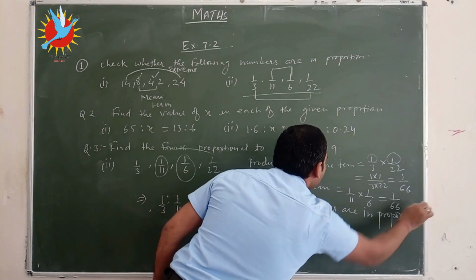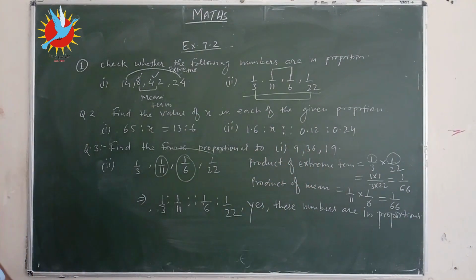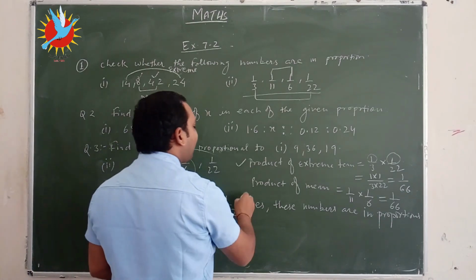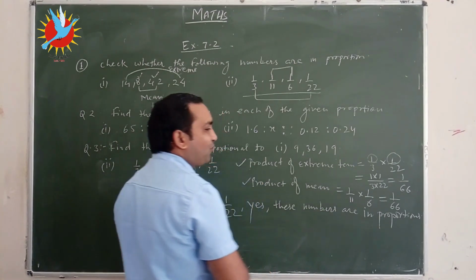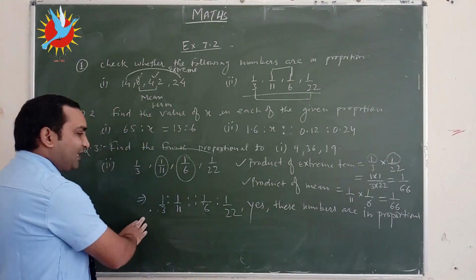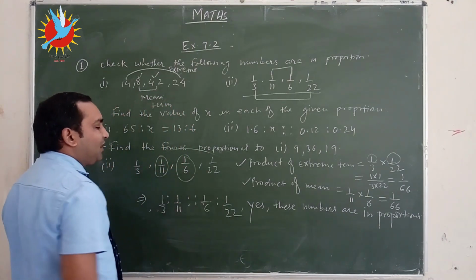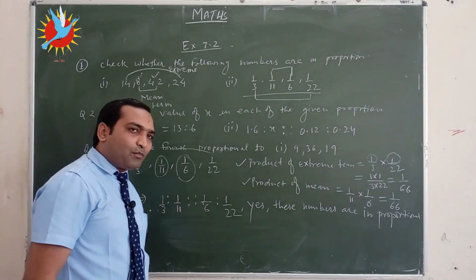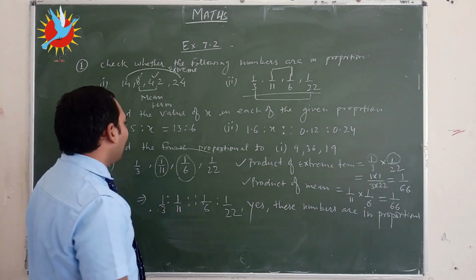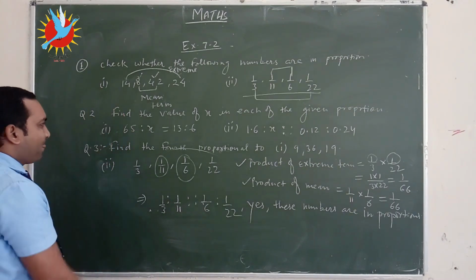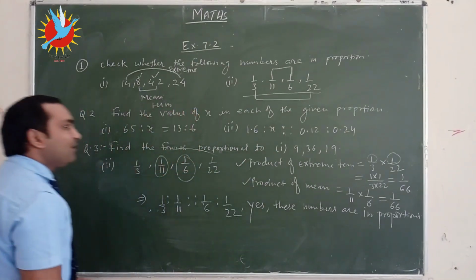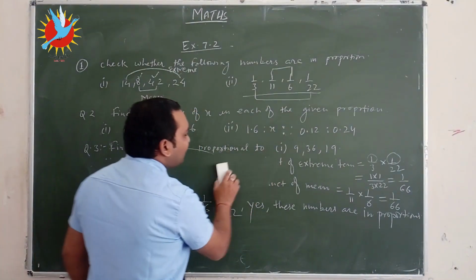So we check the product of extremes and product of means by this formula. If the product of extremes is equal to the product of means, we can say that the four numbers are in proportion, otherwise they are not in proportion. Next, question number 2. Find the value of x in each of the given proportions. The proportion is given here.